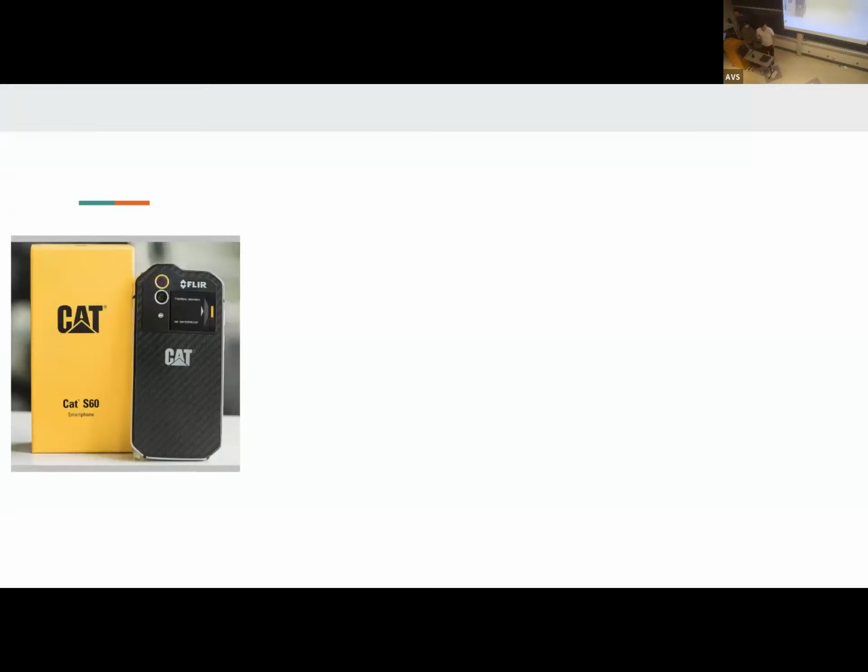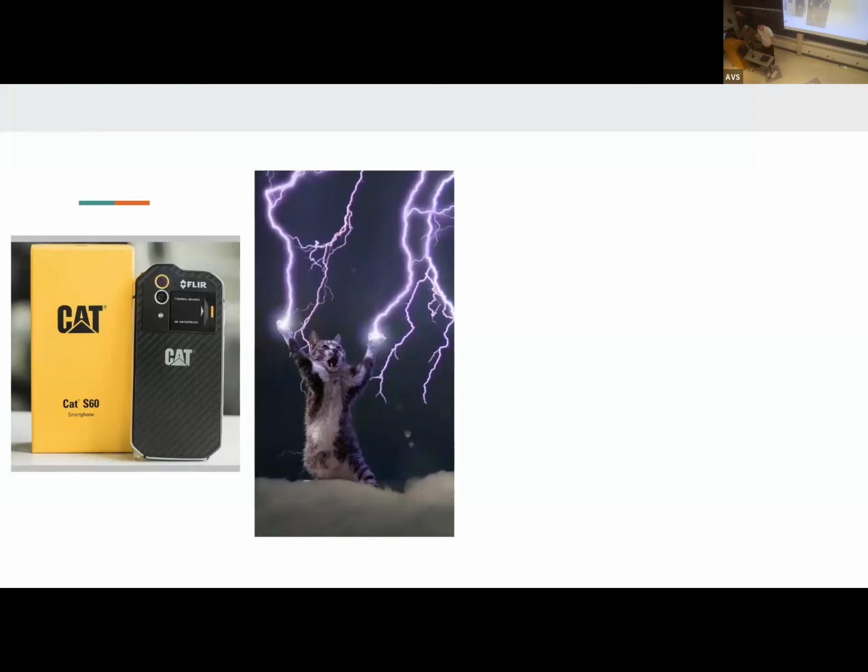So let's say we have a smartphone, our victim, and it's within close proximity to a wireless charging device, specifically 4 centimeters. This is more a limitation of the Qi wireless charging standard than a limitation of this particular attack.